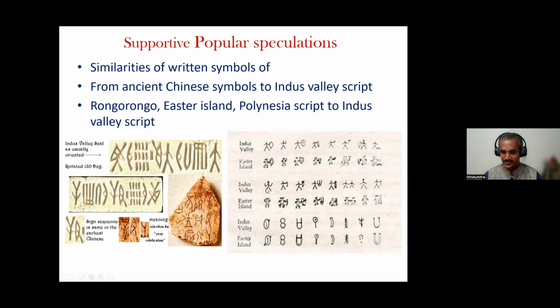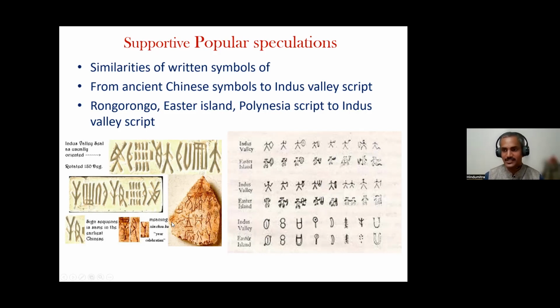Even these notions are quite similar: two people with some object in the hand, and even the symbols are quite similar between Easter Island and Indus Valley. So there is some connection. We haven't found that yet.